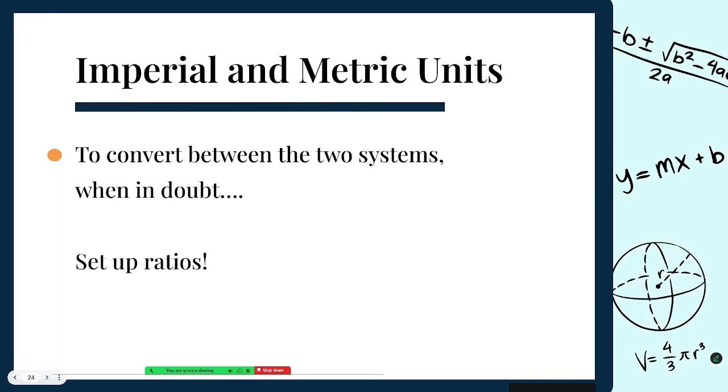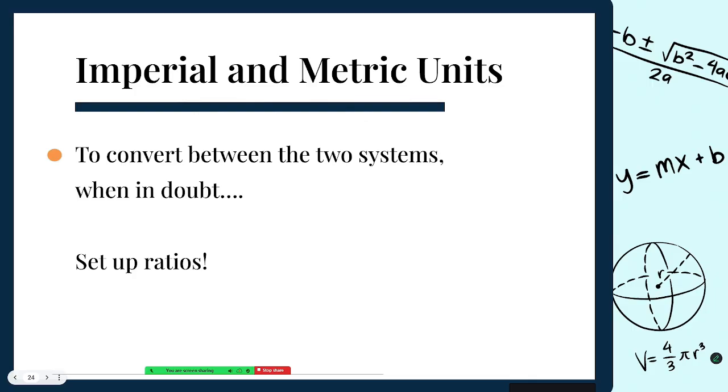We looked yesterday at converting within. We really went through the metric units, seeing how the metric system is based on units of 10. We really played around with those steps and moving of the decimal, whether we were supposed to multiply or divide, move the decimal to the right or to the left.